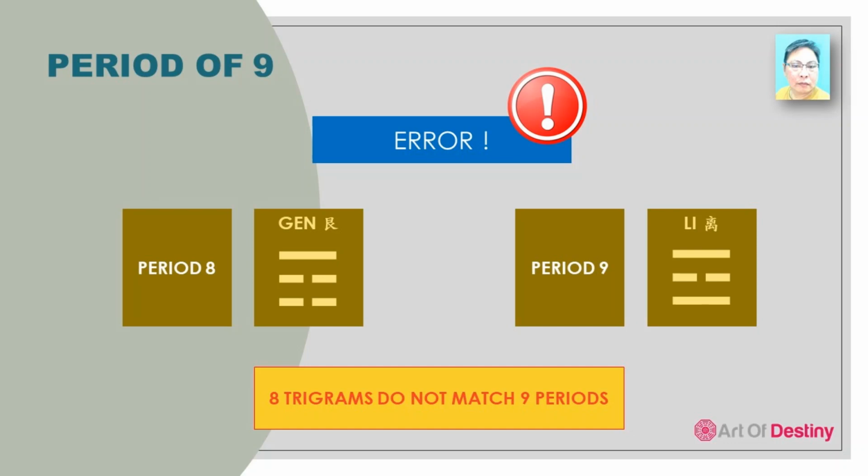Maybe some more innovative practitioner will tell you, oh, since there's no trigram, let's take trigram 8 for male, and for female you should use trigram number 2, Kun. That is not the way to do it, because this is a misunderstanding. It clearly shows that the understanding of I Ching and the application of Feng Shui has been misrepresented. Whatever happens in period 8 and period 9 is purely coincidental.